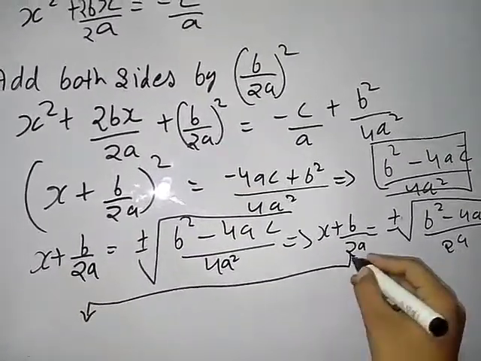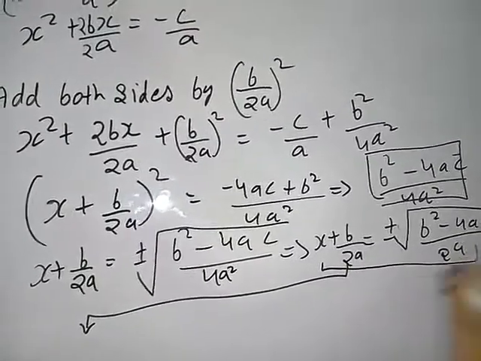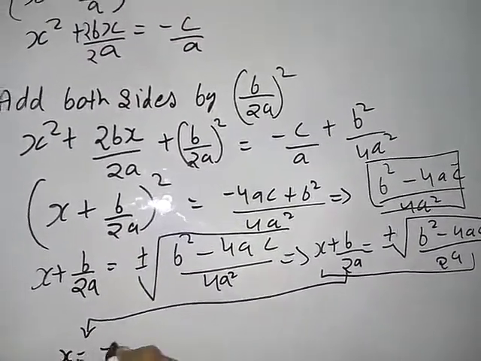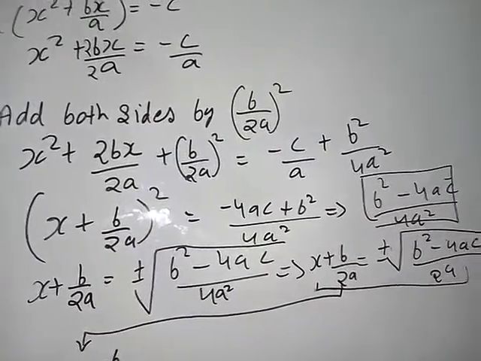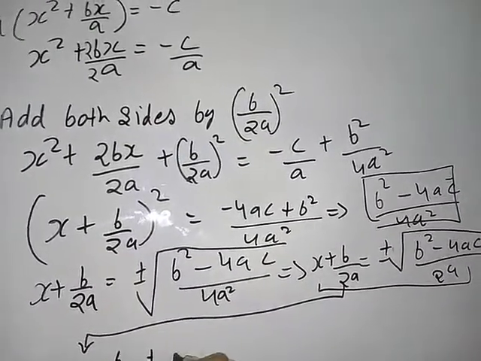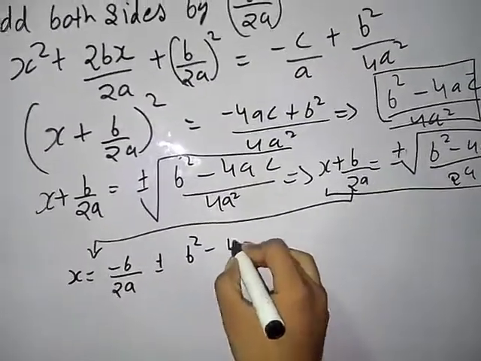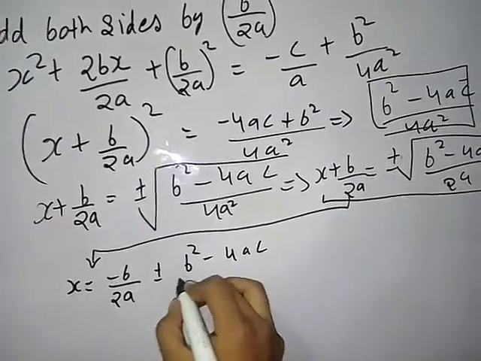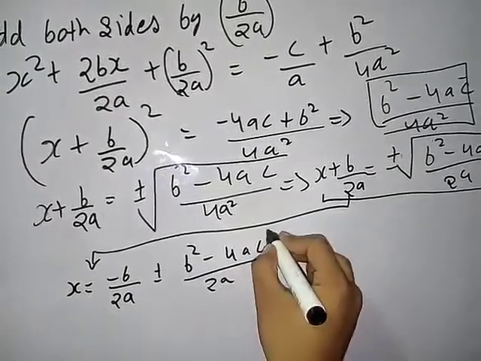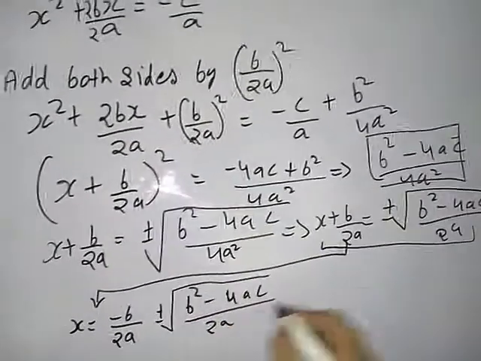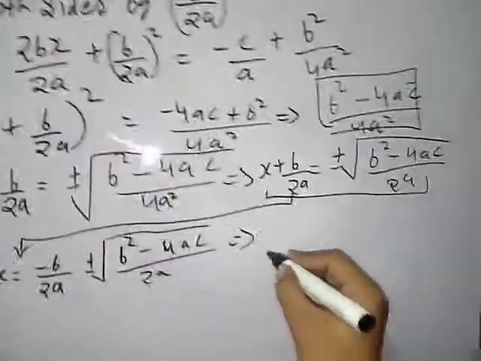So x is equal to minus b upon 2a plus minus, and I'm going to take LCM of this.